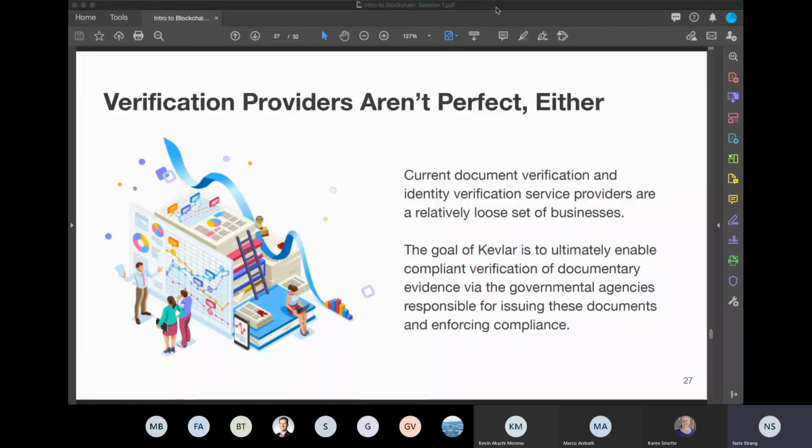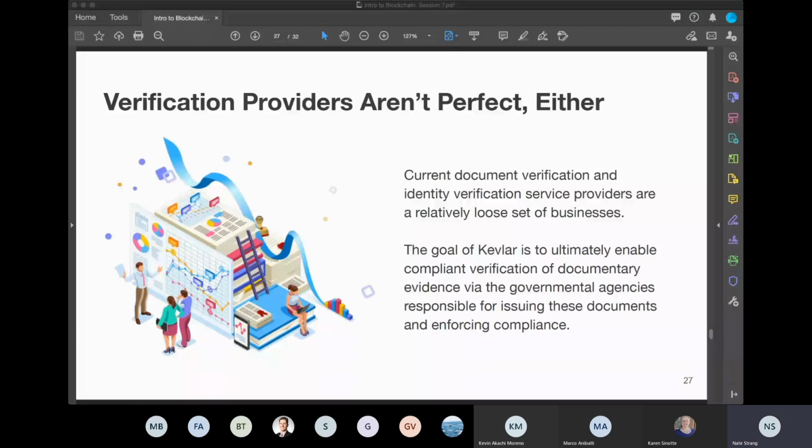The point that I want to make with this "verification providers aren't perfect either" slide is that the design of Kevlar in utilizing verification providers is just meant to improve and solve the inefficiencies of today's identity industry. Our vision for identity in the future does not include verification providers. It's entirely feasible to go directly to the source, to the government agencies, and to digitize these driver's licenses and passport documents.